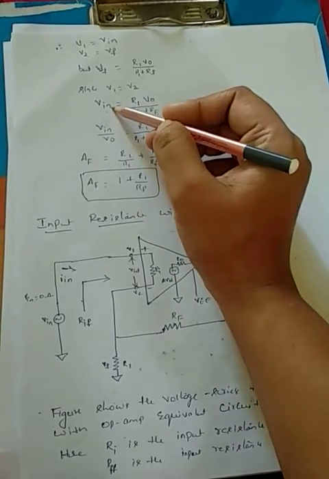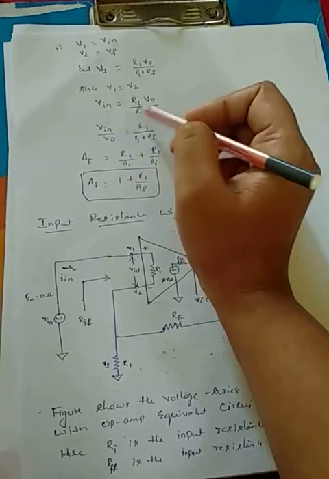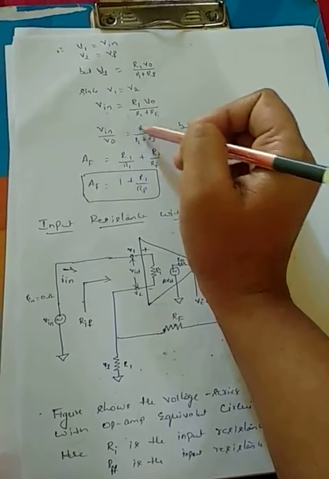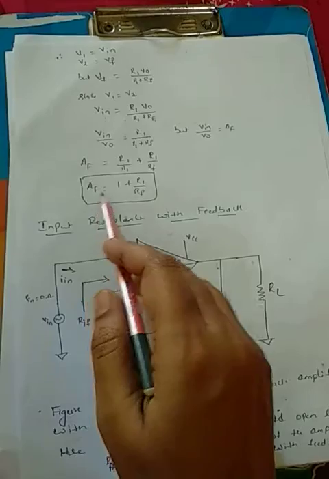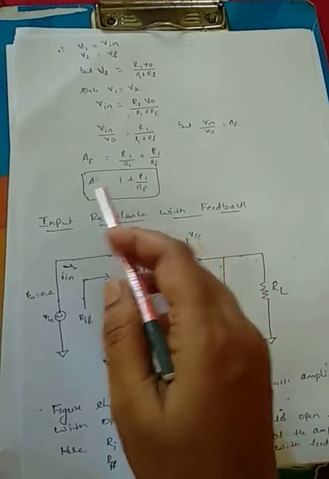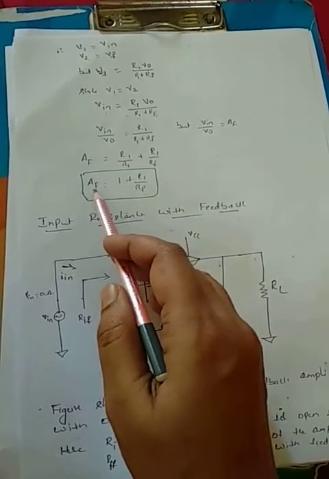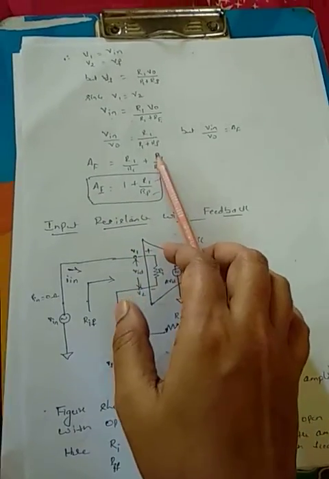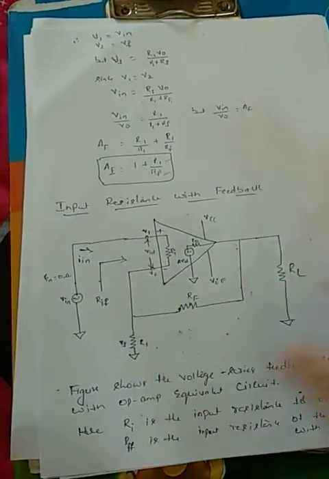That is, V0 divided by Vin, taking it down, R1 plus Rf remains the same. Splitting these terms, finally I got AF is equal to 1 plus Rf divided by R1. That is, the voltage gain with feedback depends on the two resistances R1 and Rf in the feedback circuit. Okay, thank you.